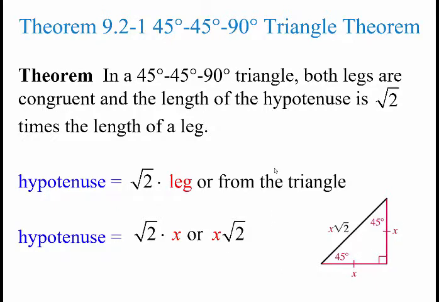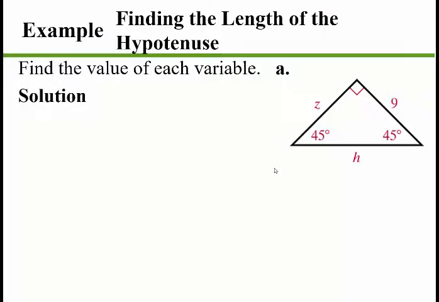All right, let's do some examples here. Let's find the value of each variable. Well, if you look here, you can see that it's a 45, 45, 90-degree triangle. So this is the hypotenuse of the triangle, and these here are the two legs. What we see is one of the legs is equal to 9 units.